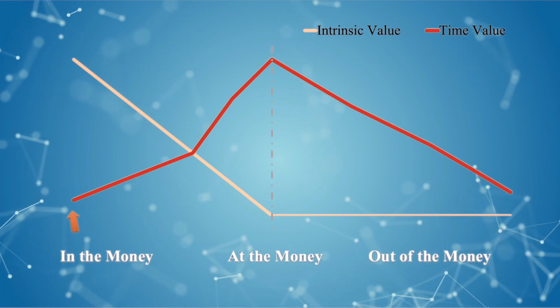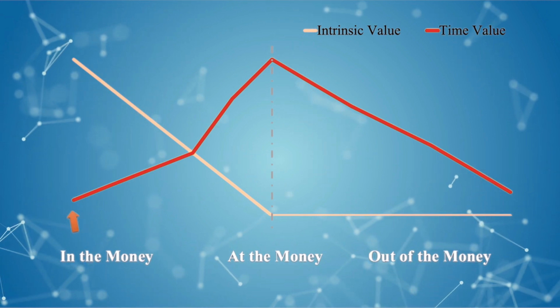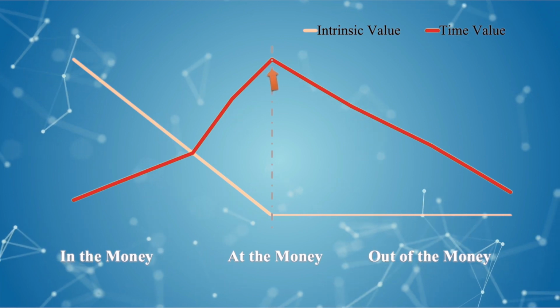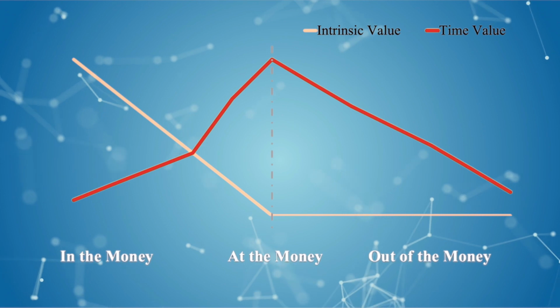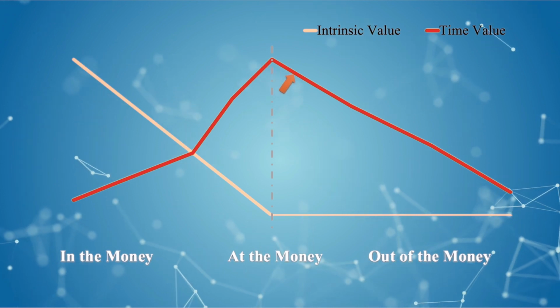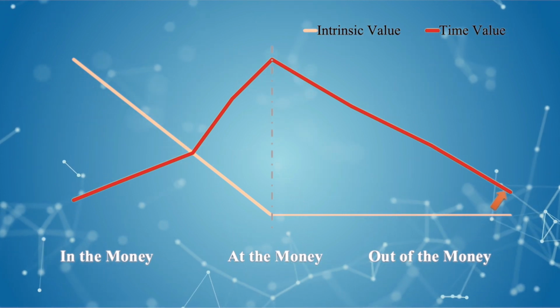For in the money options, time value is low and it increases gradually towards at the money options. Time value is high at the money option and gradually it decreases towards out of the money options. Now we learnt about at the money, in the money, out of the money options and the behavior of intrinsic value and time value in these three categories.